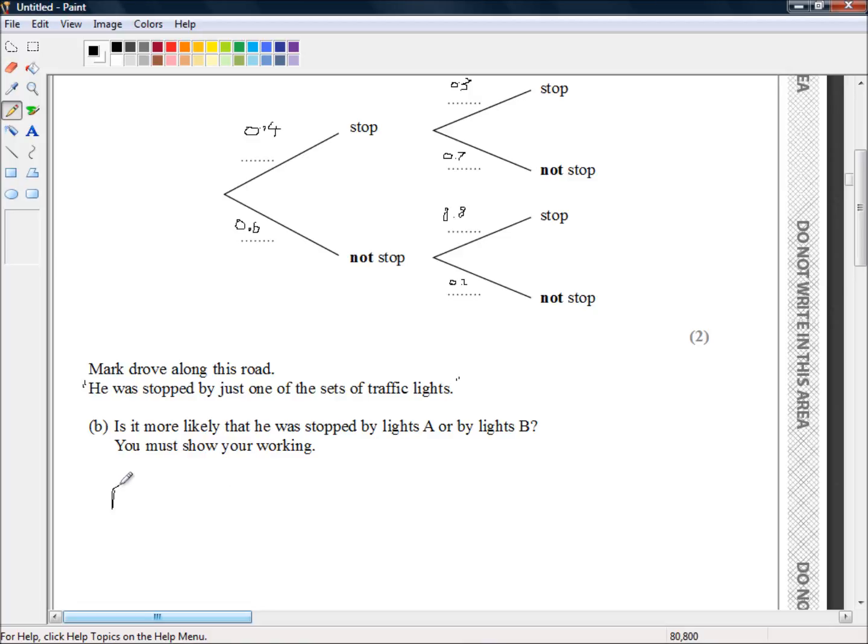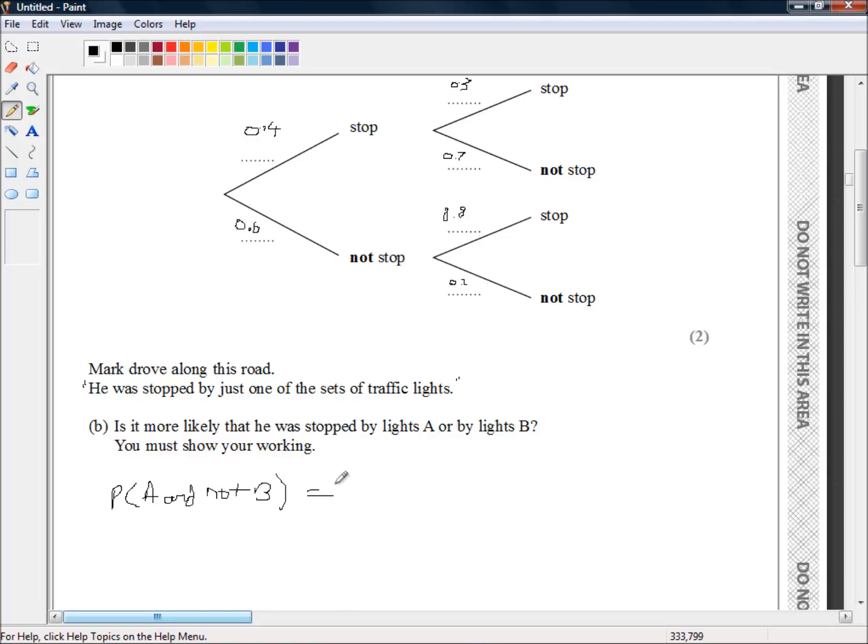So the probability of A and not B, and when you're ANDing probabilities, you're multiplying the probabilities. So the probability of A happening and the probability of B happening is you multiply the two probabilities.